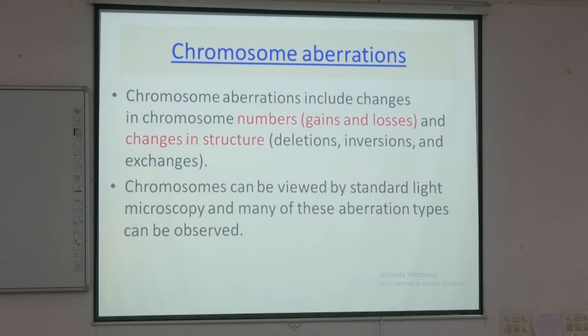So in summary, we have two types of chromosomal error. One is numeric, that means a number error, or structural error, that means it is broken, fragmented, joined, or elongated, and looks different from a chromosome. It should be rod shaped. If it is not rod shaped, it could be circular. That means it's a chromosomal aberration. So this is what we are going to talk about today.